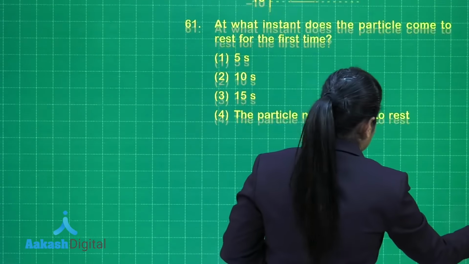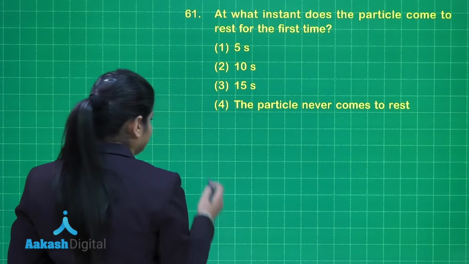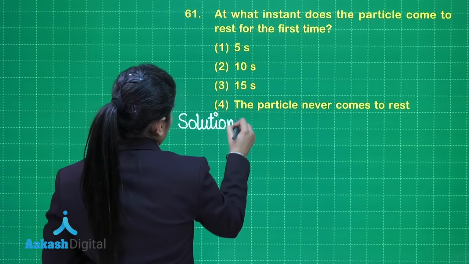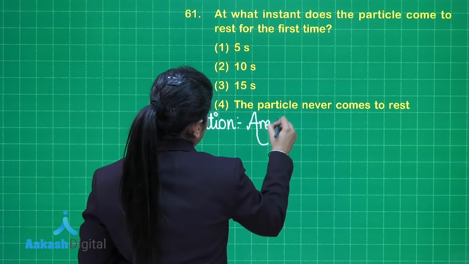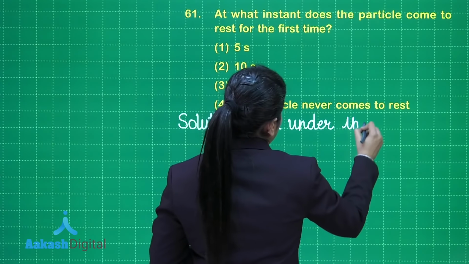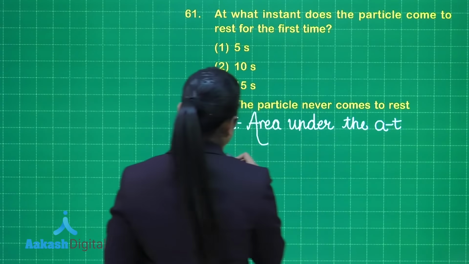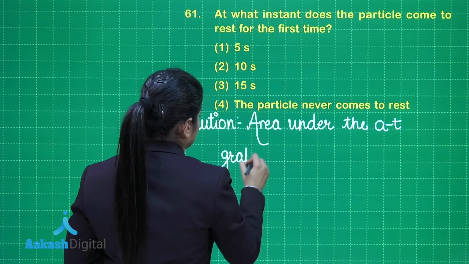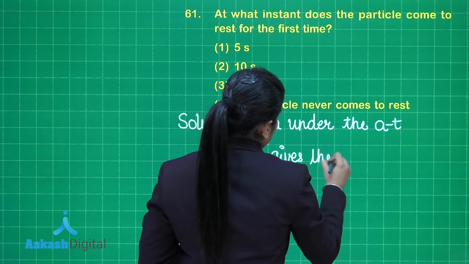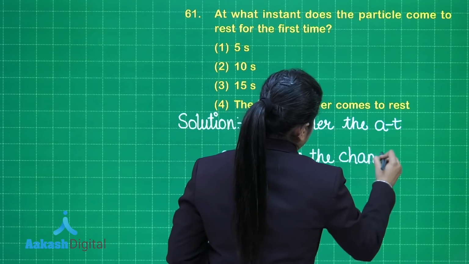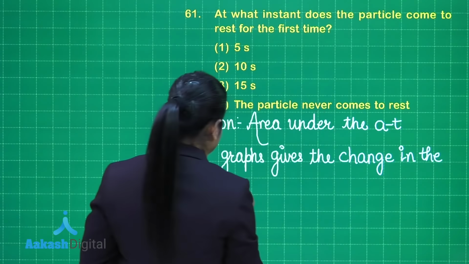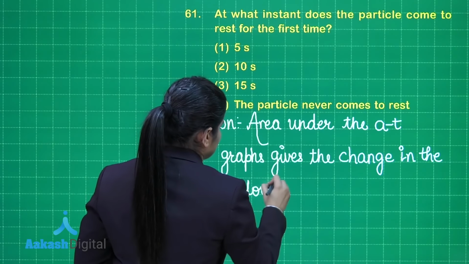So here I can write down the solution for this question. Area under the a-t graph gives the change in the velocity.